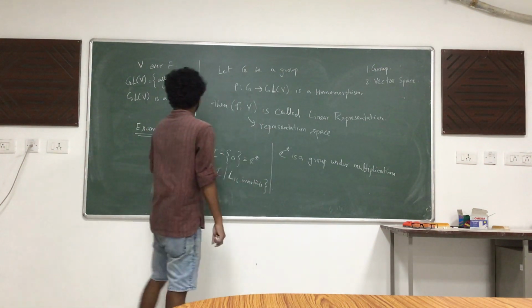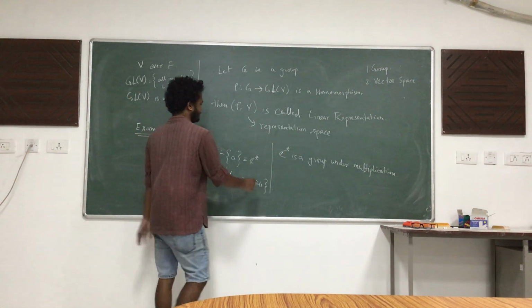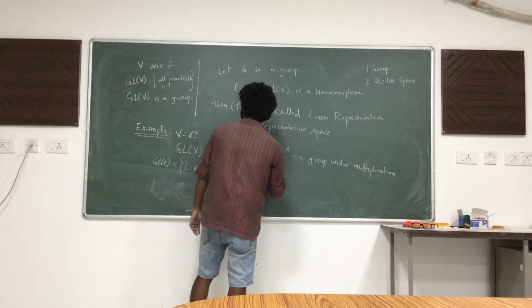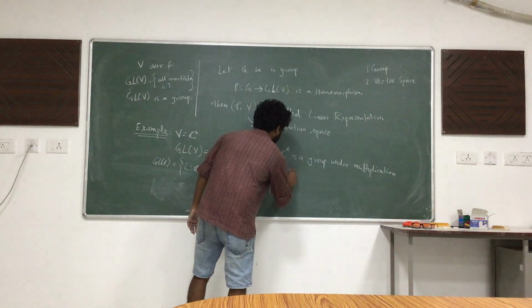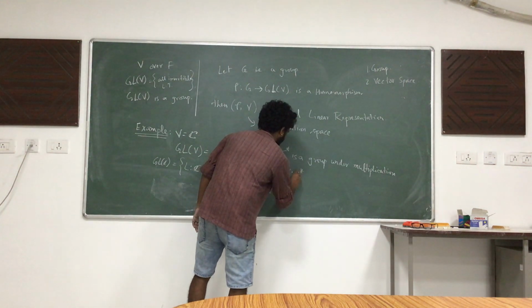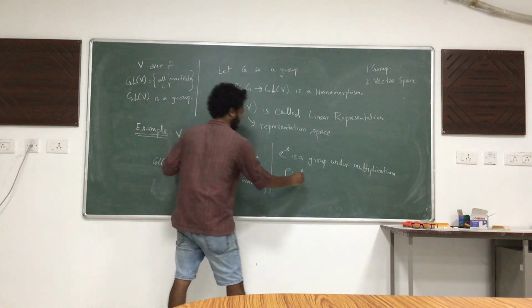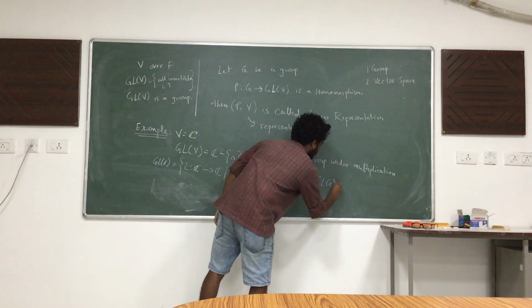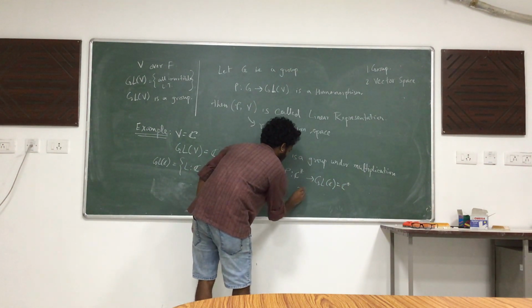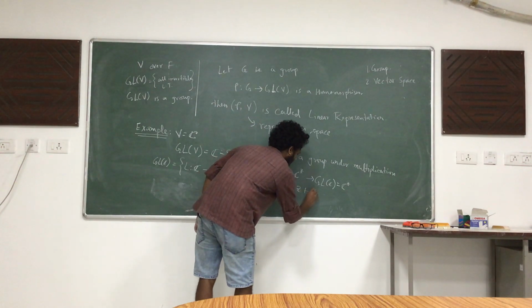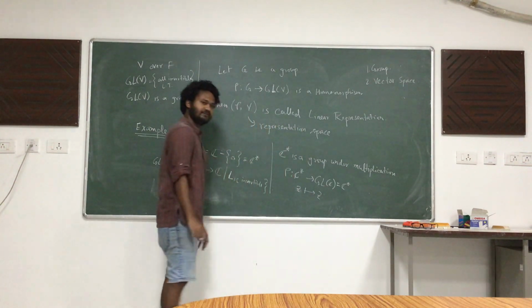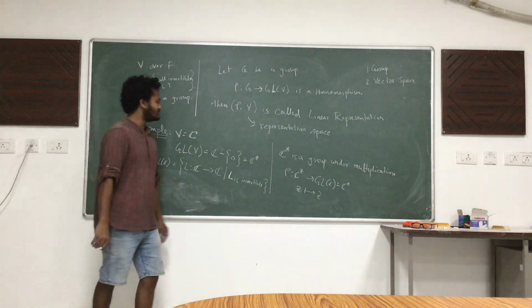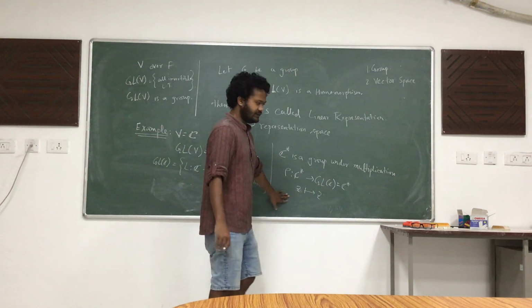So now let us take, this is very trivial, let us say rho is a map from this C star group to GL C, right? Which is nothing but C star itself. And now let us take some element from C star and it maps to Z itself. This is a linear transformation.